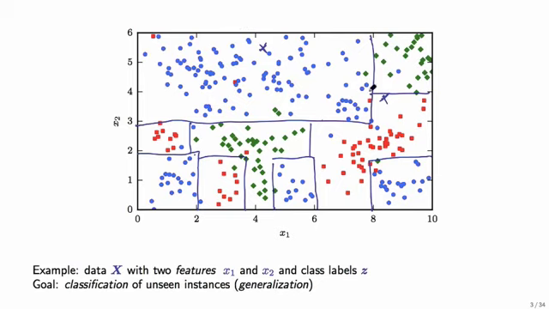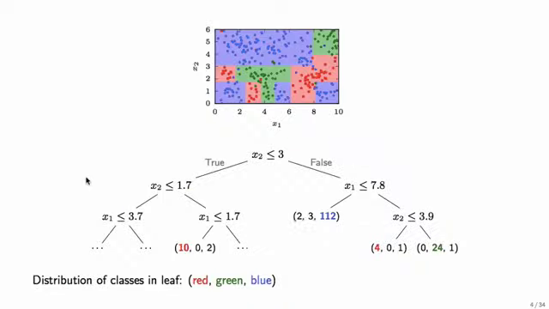Note that we use rectangular regions because these can be described fairly easily. What I just did by hand can be formalized into a decision tree. So for the rectangles that I just drew on the previous slide, a decision tree would look like this right here.